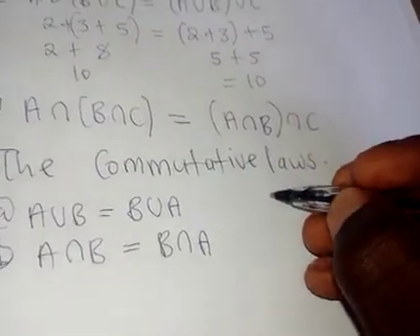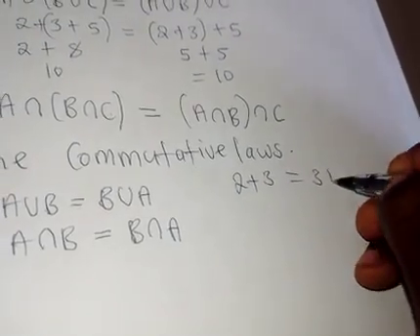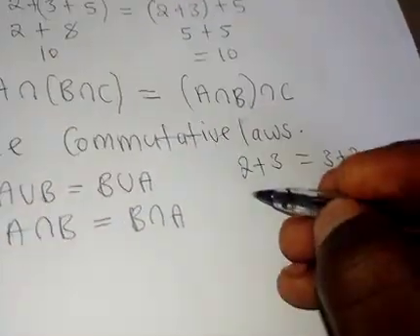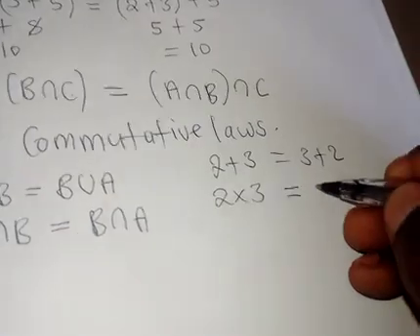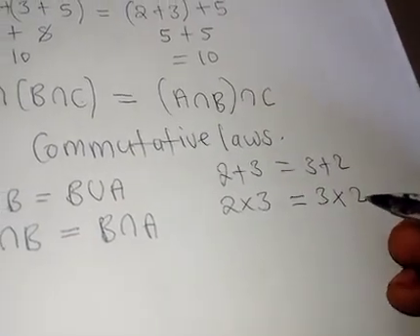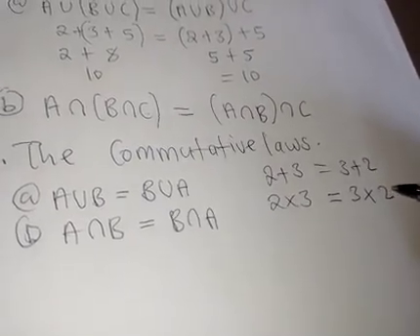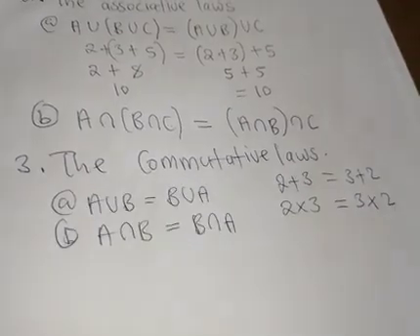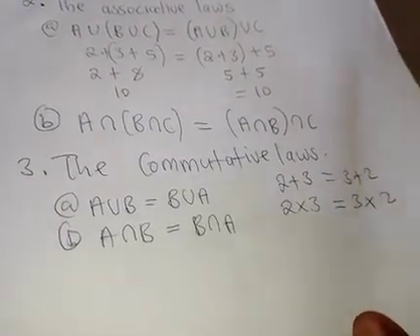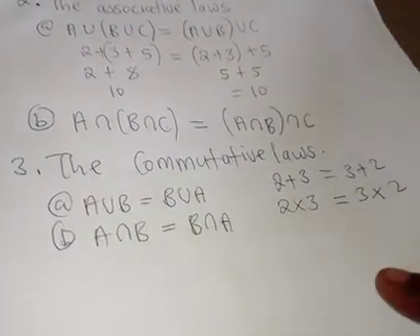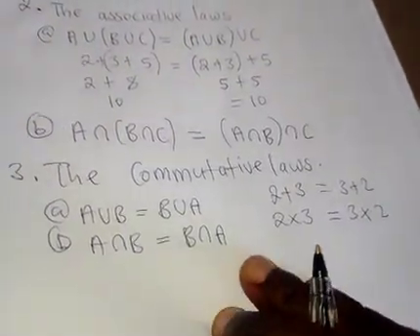What does that mean? It means that 2 plus 3 is the same as 3 plus 2. Then 2 times 3 is the same as 3 times 2. We still get the same answer. So these are commutative laws for sets.